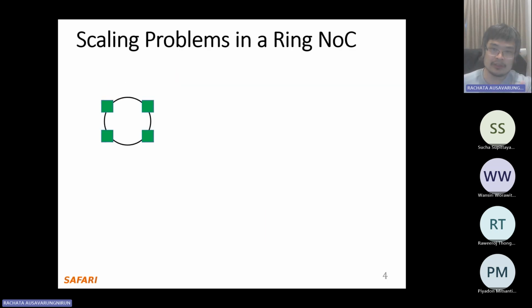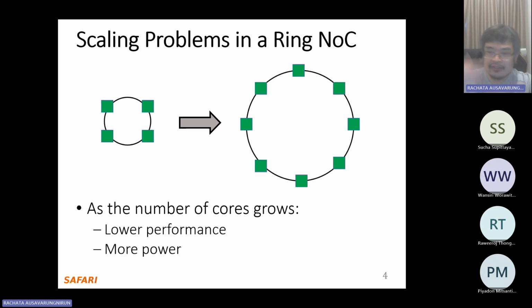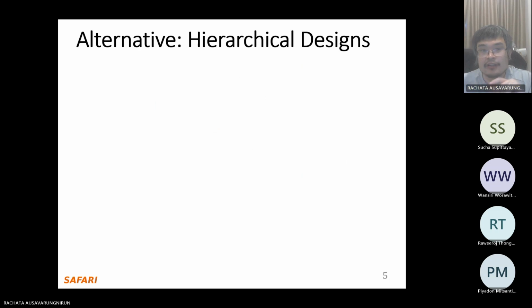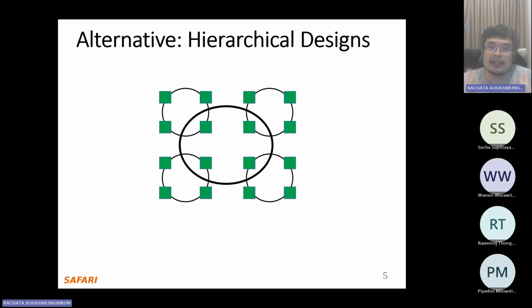So let's quickly go over the background, right? If you look at network on chip, you have a scaling problem in the ring topology. For example, from 4 to 8 nodes, right? You will see that as the number of cores grows, the performance will drop. I need to go further away to get to my destination. So an alternative is I can do a hierarchical ring, a bunch of rings in the local network. Then I connect them at a higher level here, right?